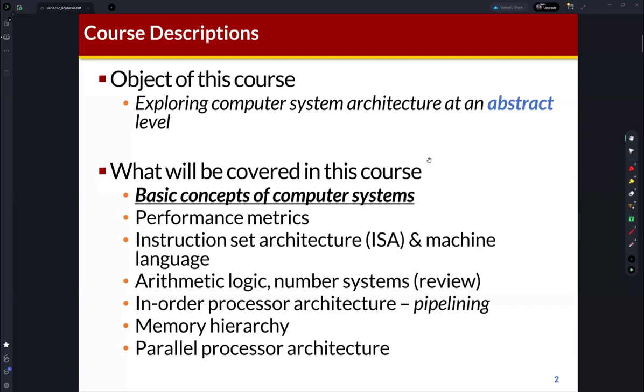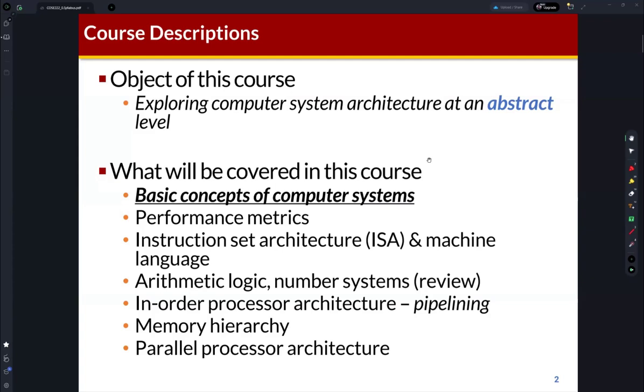Everyone knows software runs on the hardware computer system. That's why you need to know about the hardware, because the software runs on it, and in order to run software more efficiently, you need to understand this hardware system. That's why you need to learn the computer architecture course, right?